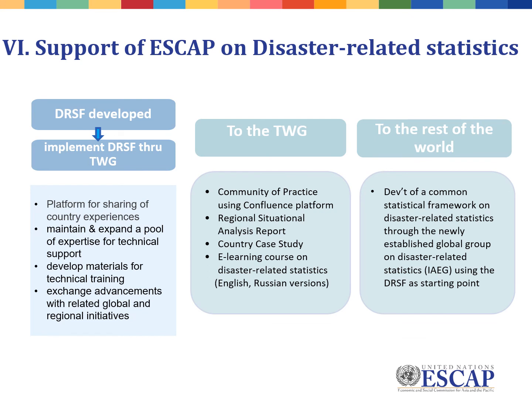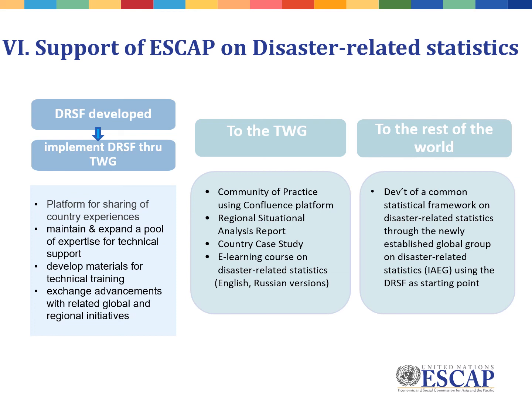And finally, for the last item of the presentation, I will show the current initiative of ESCAP on disaster-related statistics. So after the endorsement of the DRSF, there needs to be a transition from the development of the DRSF to the actual implementation of the framework.